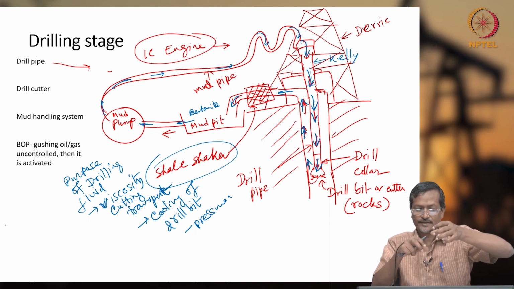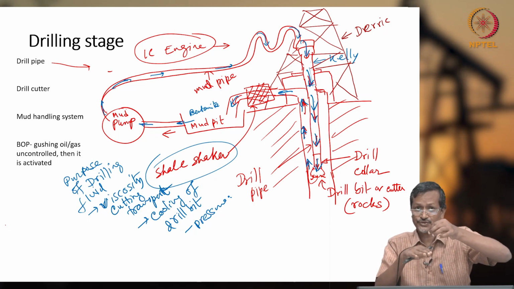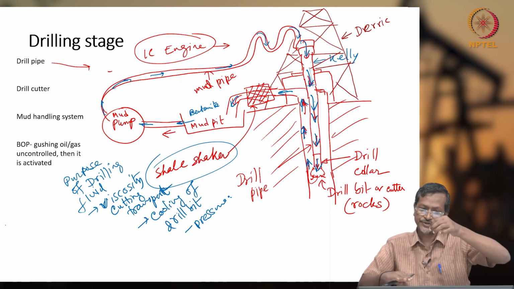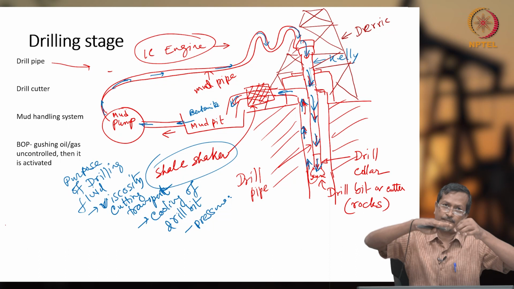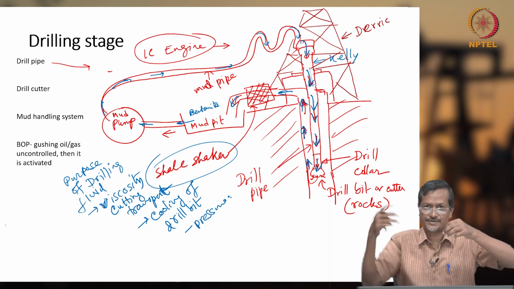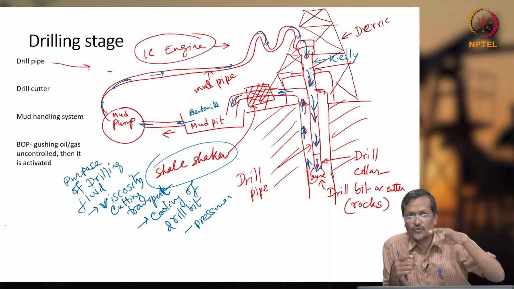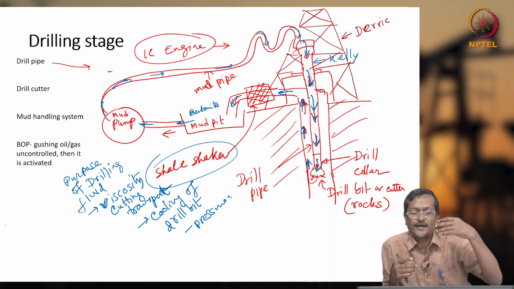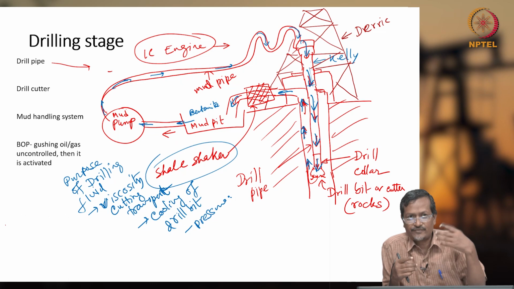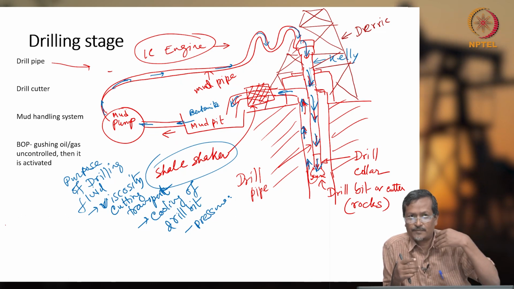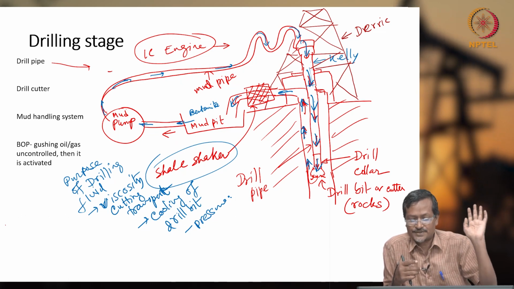When you drill vertically through the cap rock, suddenly you come to the formation, a high pressure zone. If you are not controlling the pressure, the high pressure fluid will push everything from the wellbore to the surface, and that can be a disaster. If uncontrollable gas and oil is coming out and there is any small fire source, everything can become a big blast.